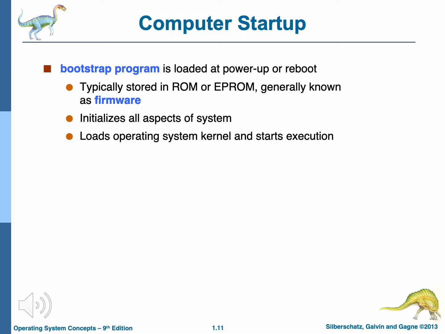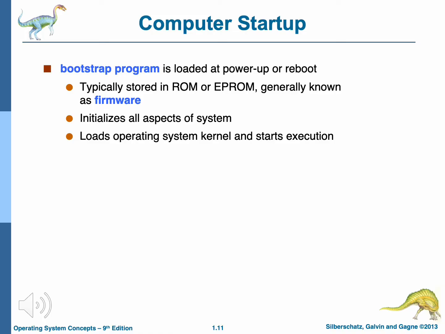For a computer to start running, for instance, when it is powered up or rebooted, it needs to have an initial program to run. This initial program or bootstrap program tends to be simple. Typically, it is stored within the computer hardware in read-only memory, ROM, or electrically erasable programmable read-only memory, EEPROM, known by the general term firmware.